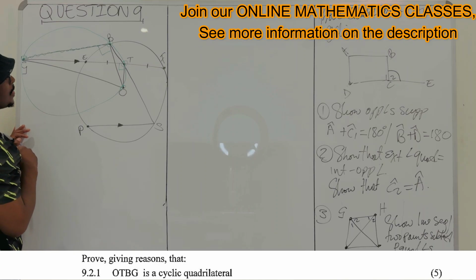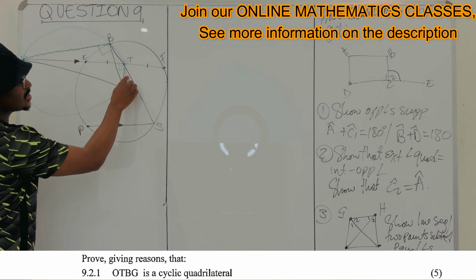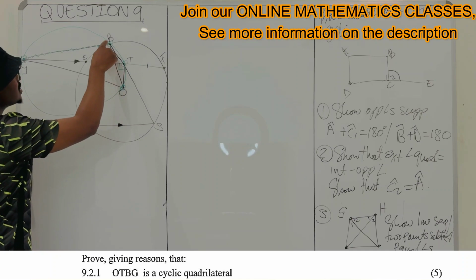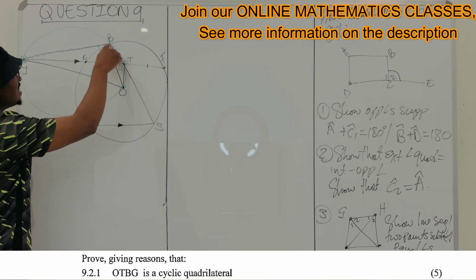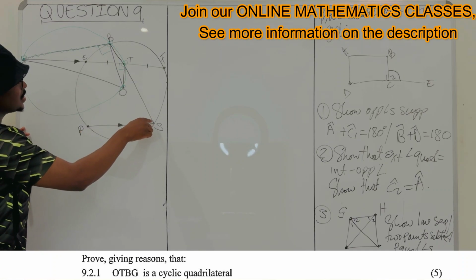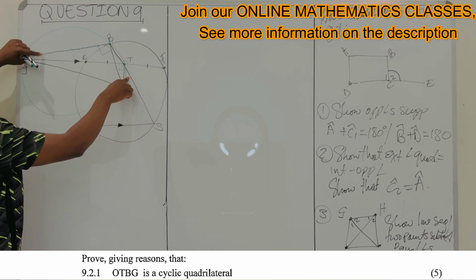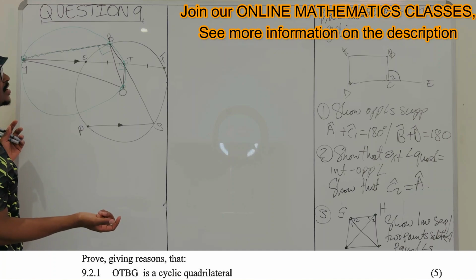Or show that the exterior angle, look at this angle here. This angle here is an outside angle, because BT is extended to S, right? If you can show that this angle here is equal to that angle over there, you have shown that this thing is cyclic.